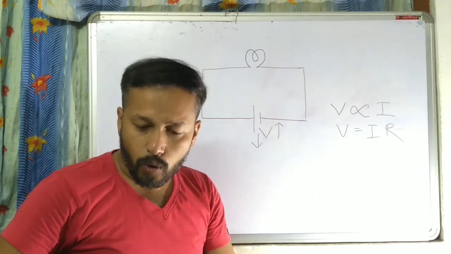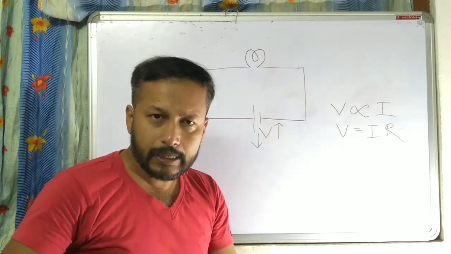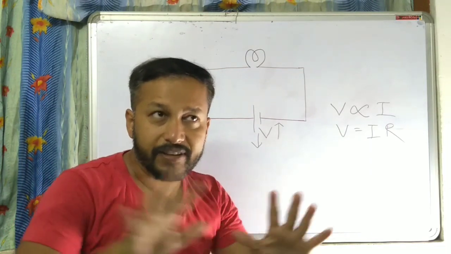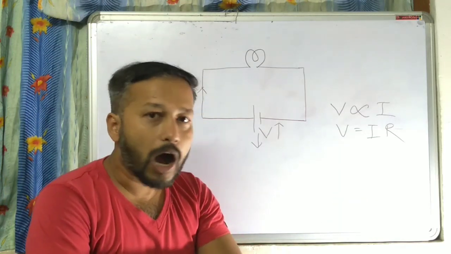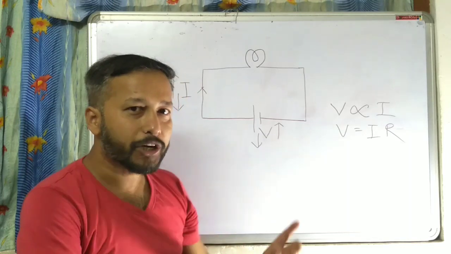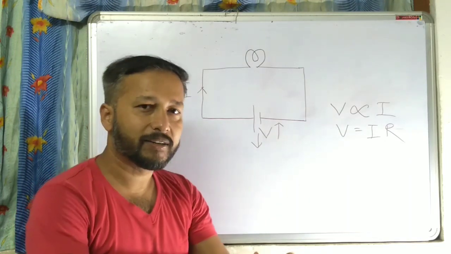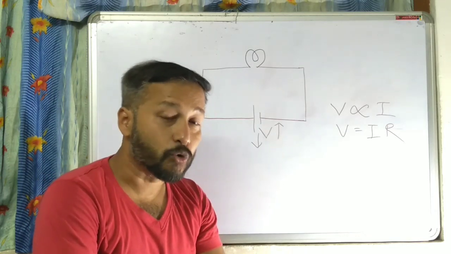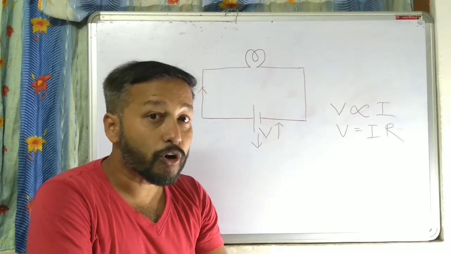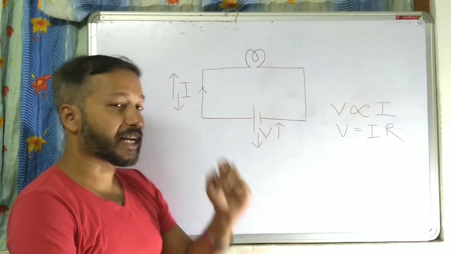Fine. Now say we are in the physics lab. And I'm asking you how you will measure the potential difference of this cell. Yes, you have to measure the potential difference. And also I'm saying you have to measure the amount of current passing through this circuit.